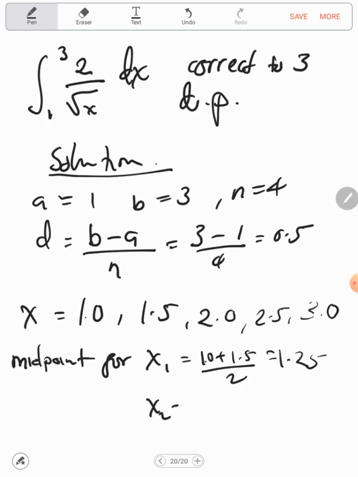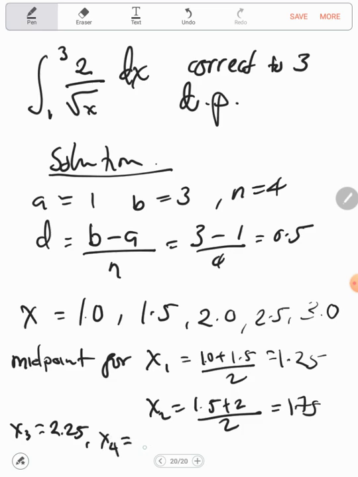Okay, x2 again we have 1.5 plus 2 over 2 gives us 1.75. So we find all the midpoints, and for x3 we'll have 2.25, and x4 will have 2.75.